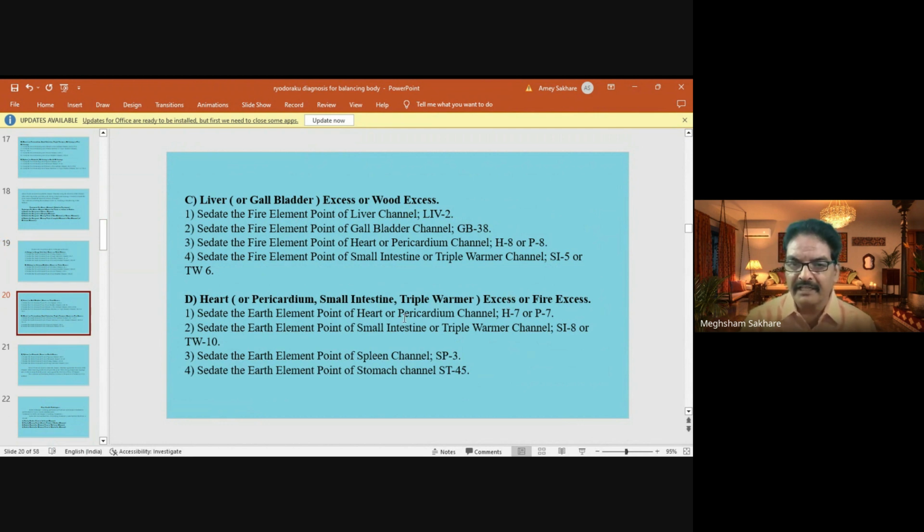Sedate the earth element point of the heart and pericardium channel. H7 or P7 are sedation points. All are on the wrist.